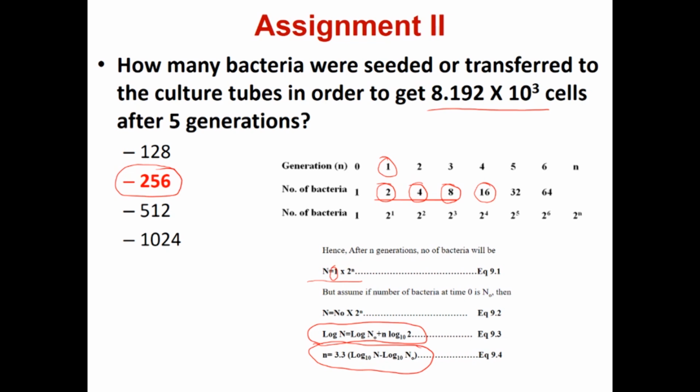So the number of bacteria you are going to inoculate is 256, and that will give you this number.